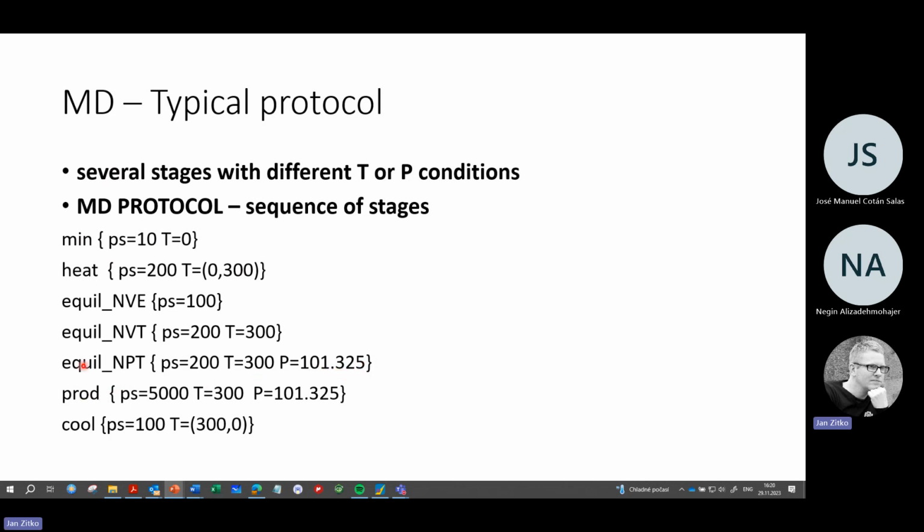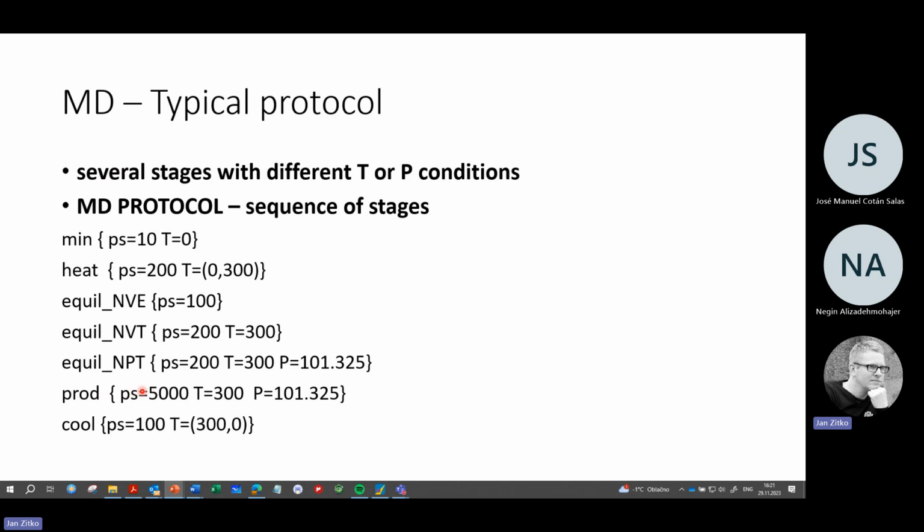All right, and then after these equilibrations, which are just meant to get the system to the equilibrium state, you start the production phase of molecular dynamics. And this is the most important. From the production phase, you then record the trajectories. Trajectories are files which contain the positions of all atoms and how they change in time.